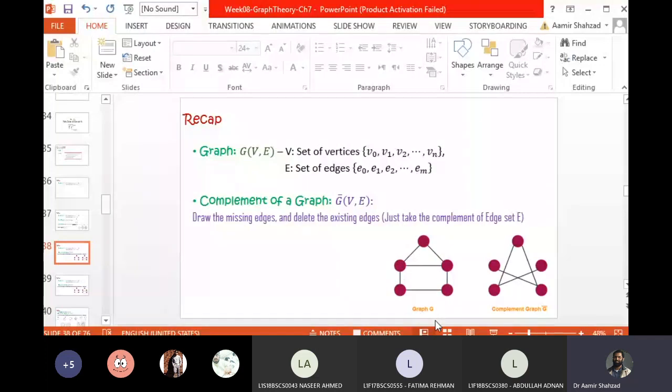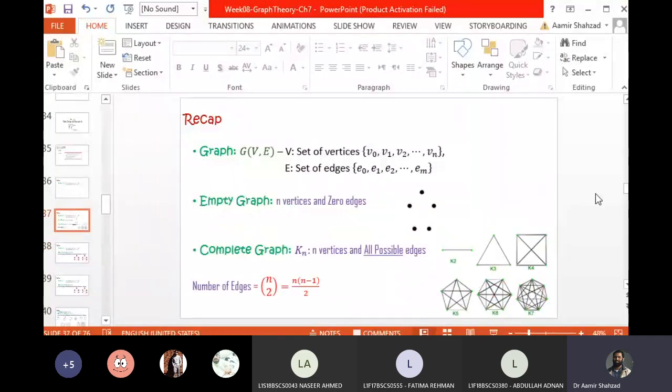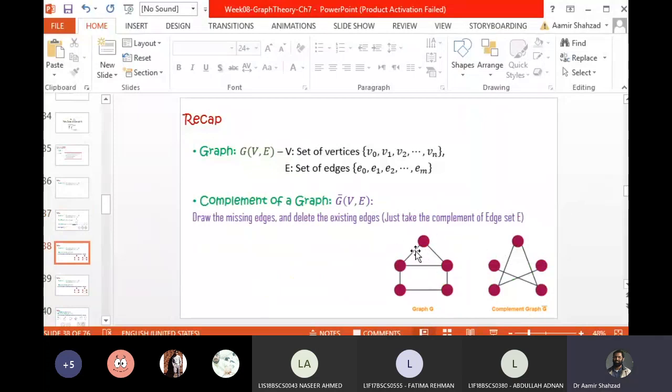If we make a complete graph on 5 nodes, we will have 5 into 4 divided by 2, so 10 edges in a complete graph, K5, just like it is drawn over here. So here we have 1 2 3 4 5 6 edges. Its complement will be: leave out these 6 edges that are present and draw the edges that are not present, as we have drawn in the right side graph. Look at it again. I have highlighted these edges. These highlighted edges I remove, and where edges are not present I draw those edges. So this is the complement of a graph.